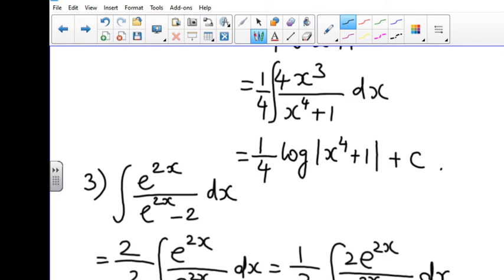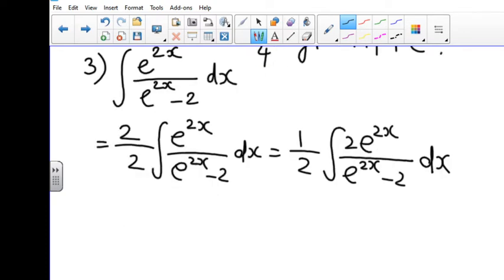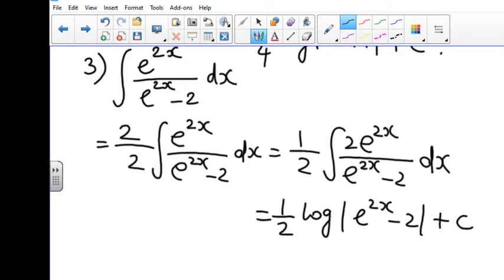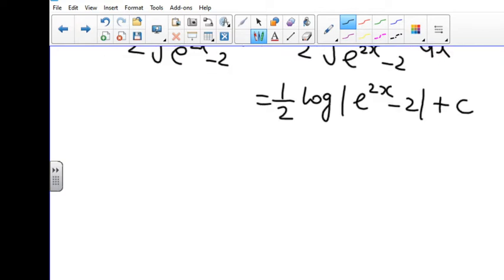Now you can see that the differentiation of the denominator is in the numerator. So we can apply the formula: 1 by 2 log of modulus of e power 2x minus 2 plus c. Whenever the numerator can be expressed as the differentiation of the denominator, we apply this formula. Now let us go with the next problem, problem number 4.